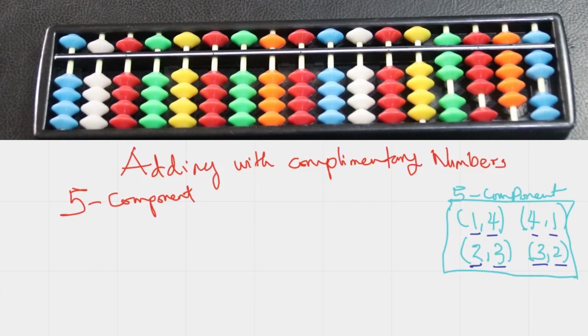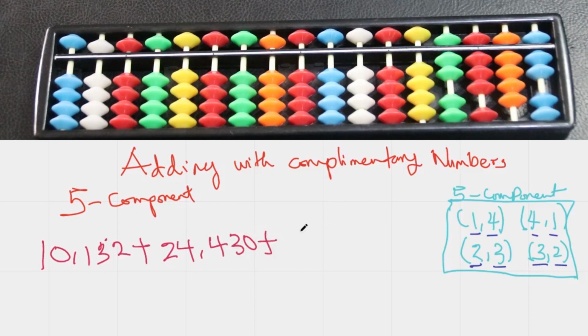Still on page 61, I'm going to be doing question number 8, and that's 10,132 plus 24,430 plus 12,210 plus 21,013.